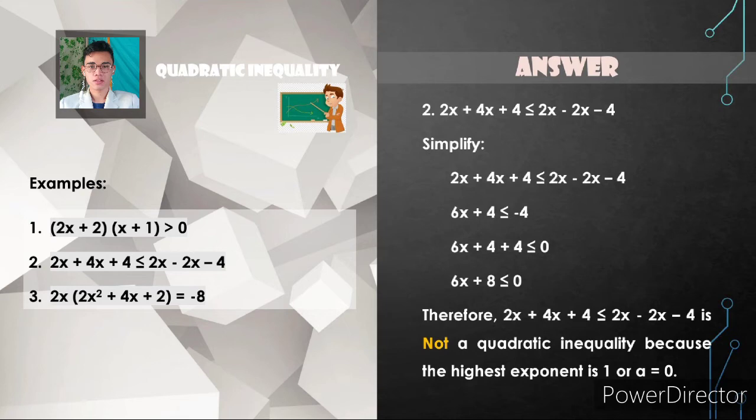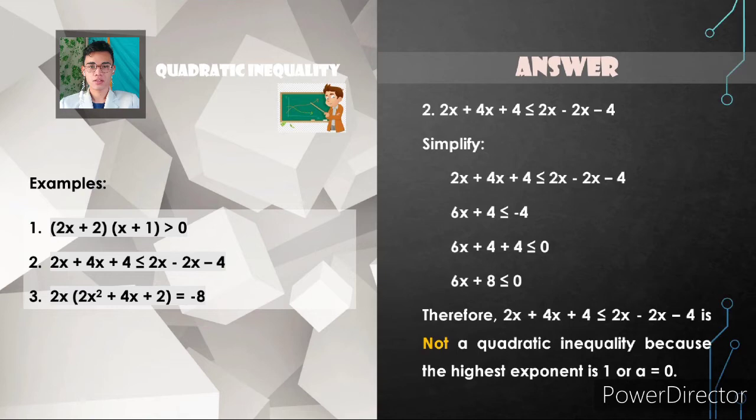Number 2. Similar to number 1, we need to simplify it first. 2x plus 4x plus 4 is less than or equal to 2x minus 2x minus 4. Add like terms, so we have 6x plus 4 is less than or equal to negative 4. Transpose negative 4 to the left side, so we have 6x plus 4 plus 4 is less than or equal to 0.